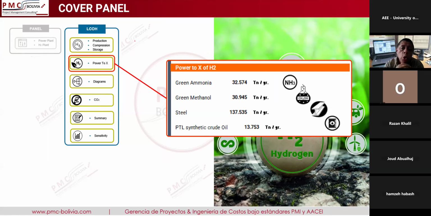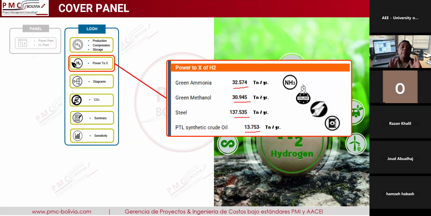So what can we do with all the hydrogen produced? The model gives us some idea about the average plant of green ammonia, green methanol, steel, or PTL, synthetic crude oil, that we can produce, for example, a certain volume of green ammonia, methanol, or steel.